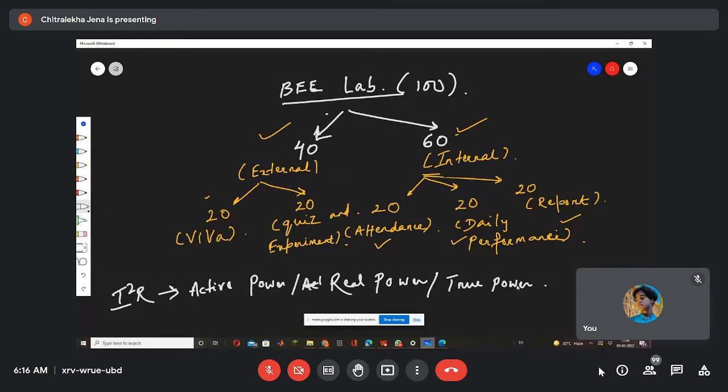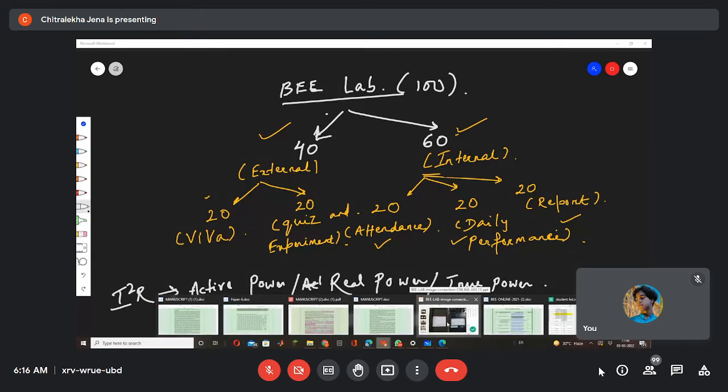In the electricity bill which you are paying at your home, that is how much power is consumed by the resistance only. Accordingly you are paying for it. Okay, clear to all of you? That means how much active power, true power, or real power you are consuming, accordingly you are paying for it. Am I clear to all of you?